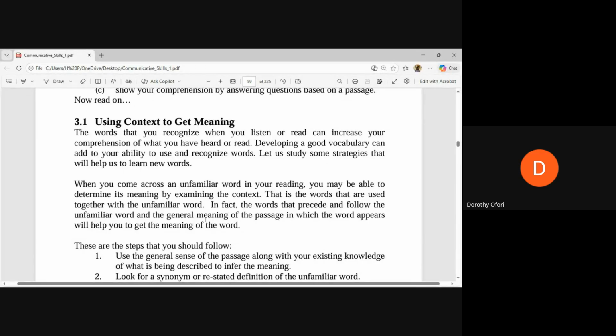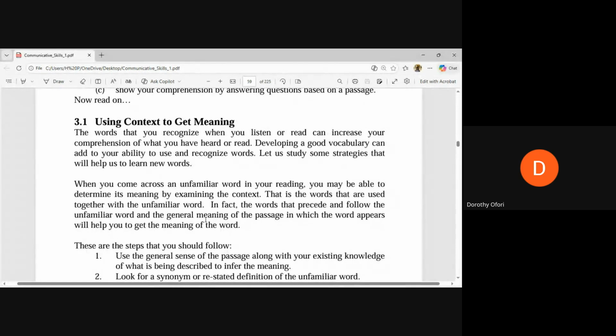But when you read the surrounding words or the whole paragraph, it means you are reading using the context, the situation in which the word was used.